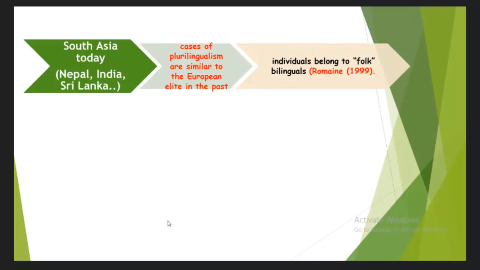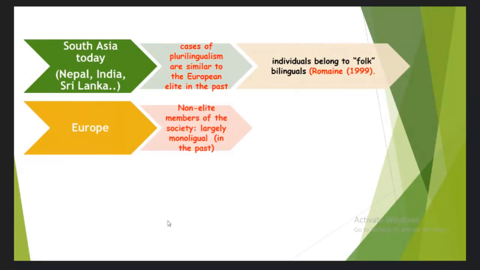In contrast, folk bilingualism is the result of contact between groups who have to become bilingual involuntarily in order to survive, and they don't have another choice.